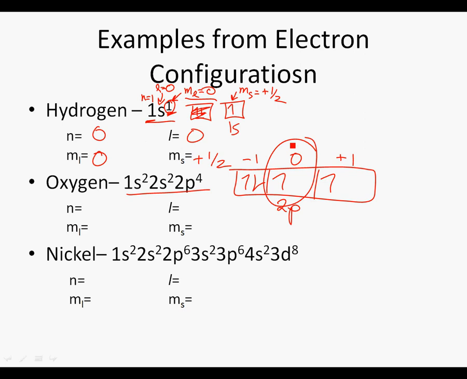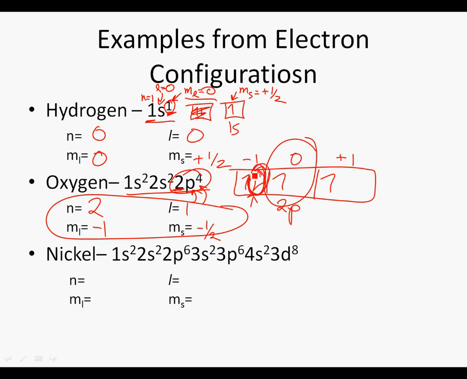It's in the second energy level, the last electron. The L is equal to 1 because it's a p orbital. The last electron fills in the -1 box here, and it's a spin down, so it's -1/2. Remember, these quantum numbers only refer to the very last electron in oxygen. It refers to the 2p4 electron, not all the 2p electrons, only that one, none of the others.